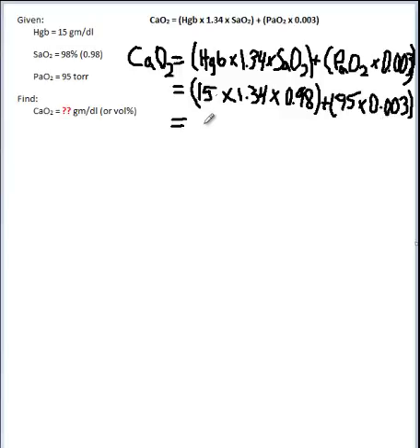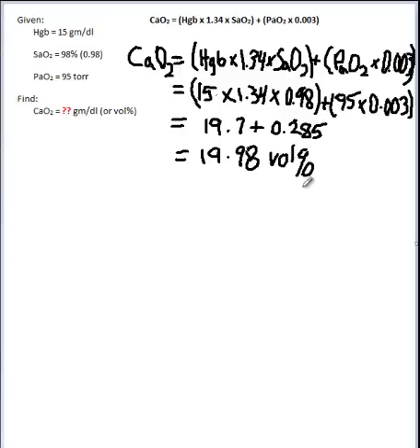So I'll begin to carry out the calculation now. Multiplying 15 by 1.34 by 0.98 gives you 19.7, and then multiplying 95 by 0.003 gives you 0.285. Adding those together gives a value of 19.98 volumes percent.